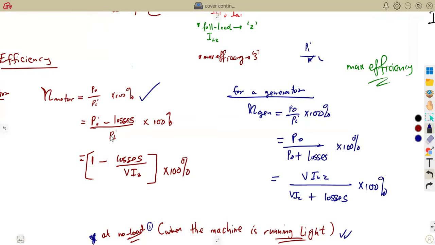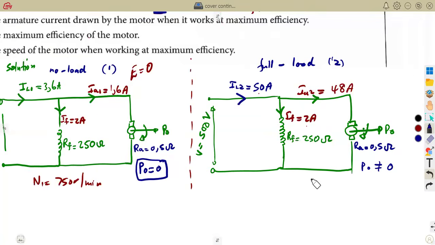So we are supposed to write the output in terms of the input. So it will be input minus losses, which ended up to this part. That formula, guys, is enough for us to obtain the efficiency. Okay, let me have our formula.